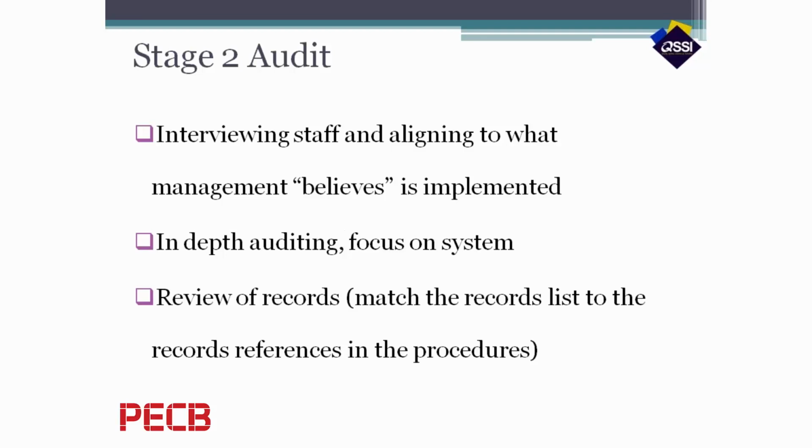Now, the stage 2 audit involves interviewing staff and aligning that to what management believes. You match what the staff is saying to what management is saying, because management will say, okay, this is what is happening, but the auditor conducts his interviews, reviews the records, and also does observation and matches it with what management is saying, because sometimes they are not aligned, and that is the role of the auditor.